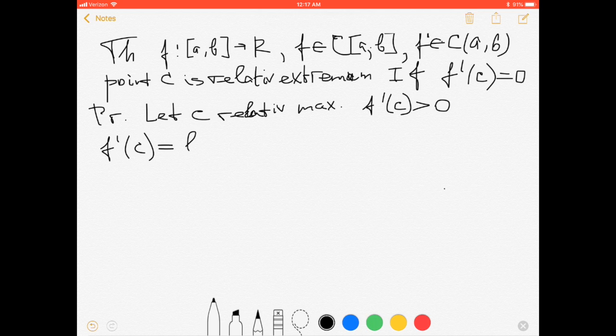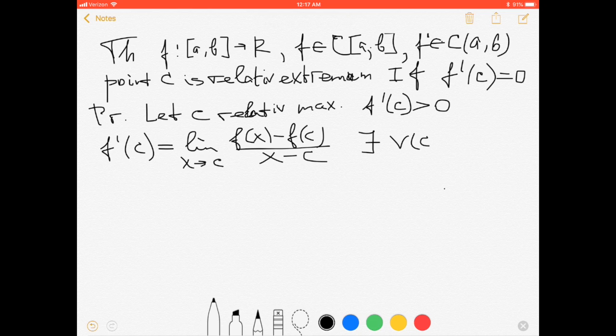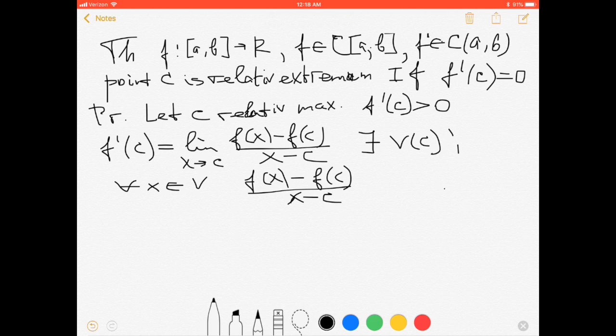It will be the limit of (f(x) minus f(c)) divided by (x minus c) as x approaches c. Because the limit is positive, there exists some neighborhood of point c such that for any x from this neighborhood, the fraction (f(x) minus f(c)) over (x minus c) is positive.